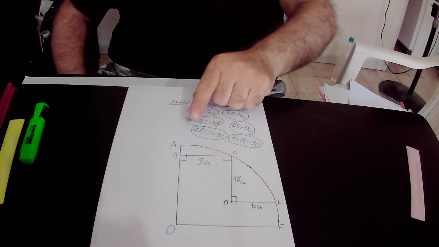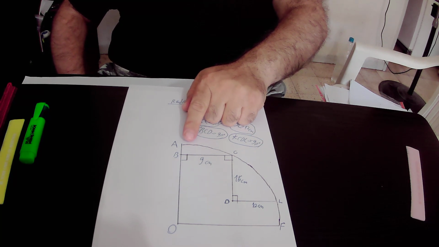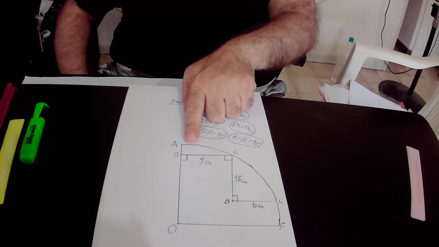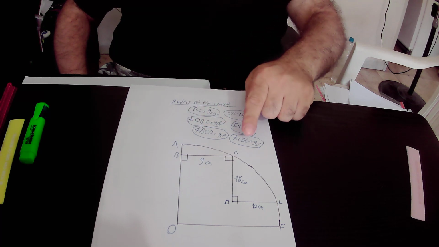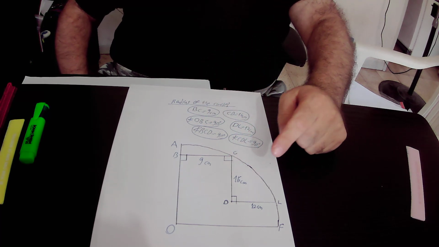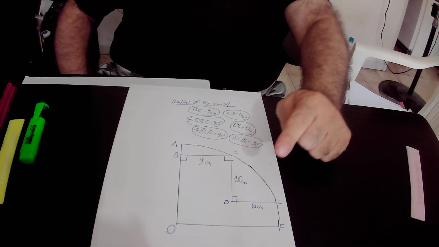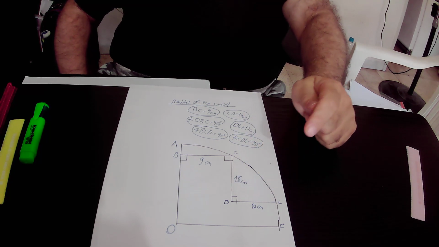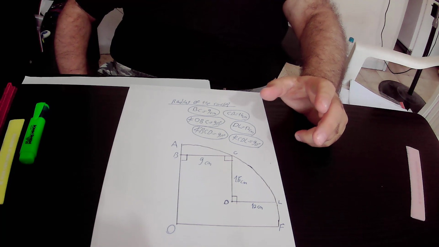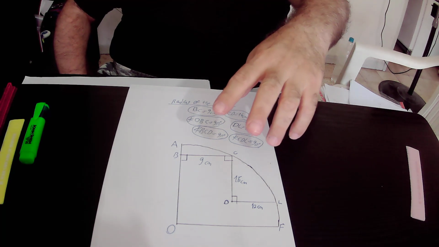And we also know that angle OBC equals 90 degrees, angle BCD also equals 90 degrees, and angle CDL is also equal to 90 degrees, and our mission is to find out the radius of this quarter circle.